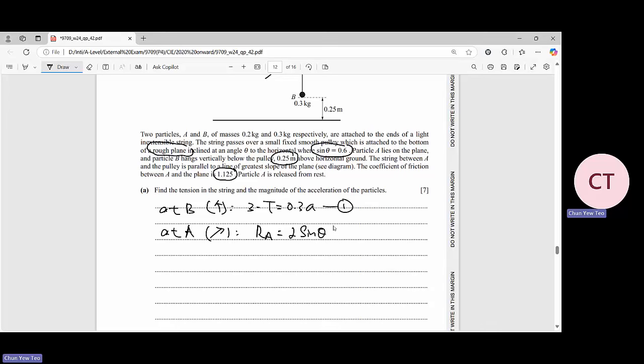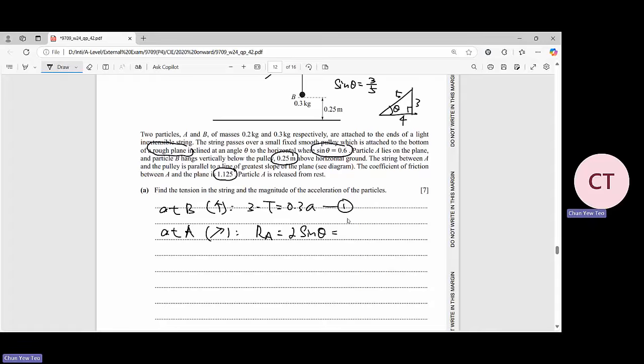Oh, by the way, I need to have a small diagram here. The sine theta is 0.6. 0.6 is 3 over 5, that means 3 here, 5 here, this is a 4. So this one is 2 times 0.6.